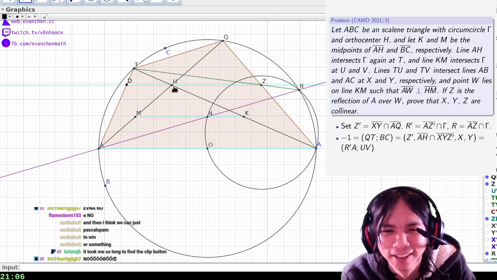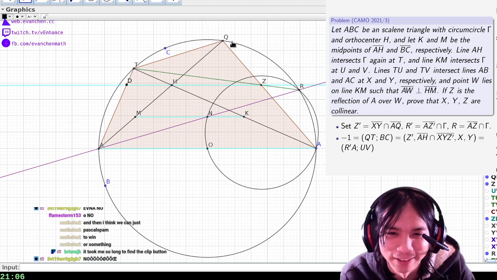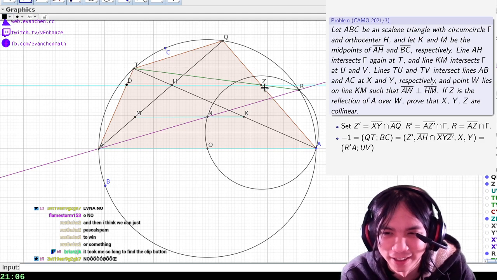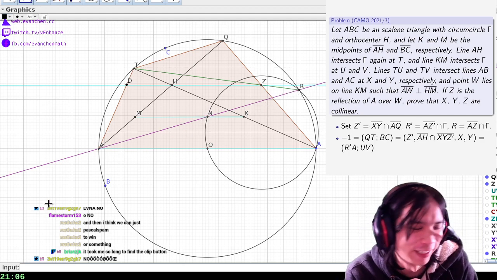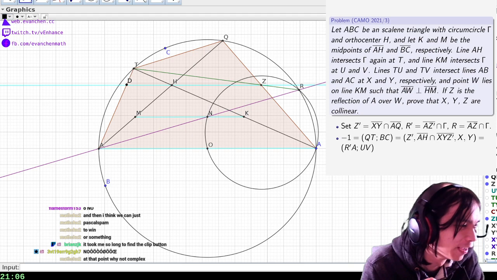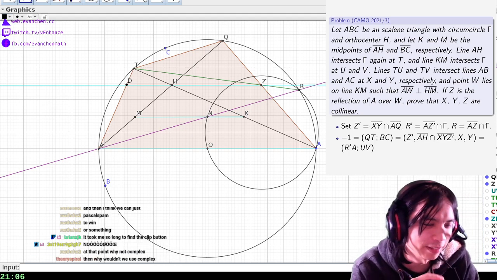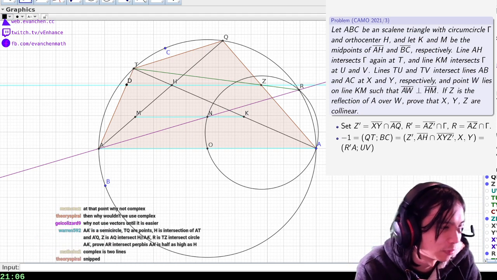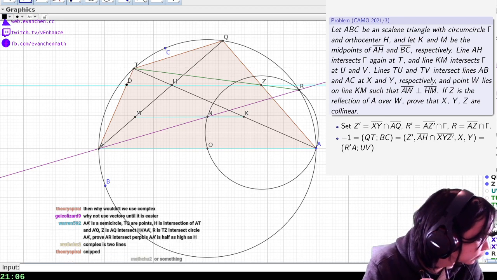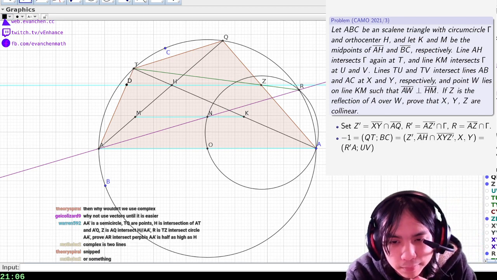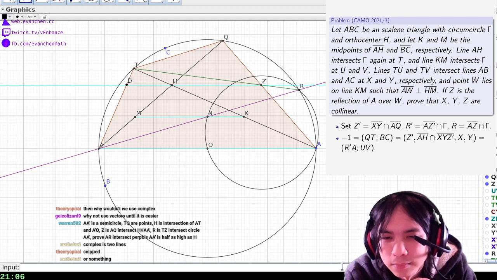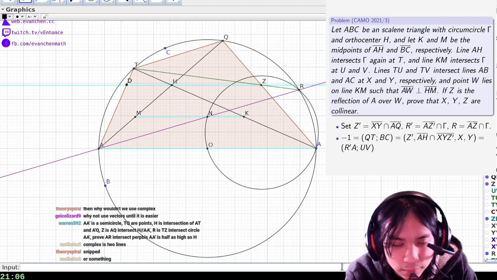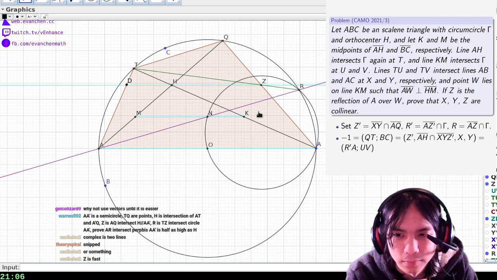Because you put these on the unit circle, you intersect that, you drop its perpendicular, reflect, and so it would work pretty well. I'm not going to do it, but at that point, why not complex? Because this is a case where you actually care about x, y coordinates, right? Yeah, Z is fast.